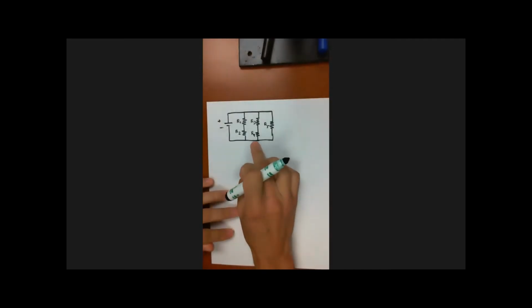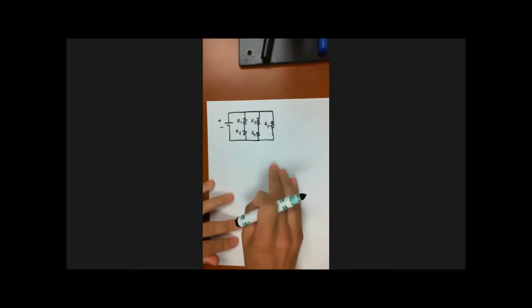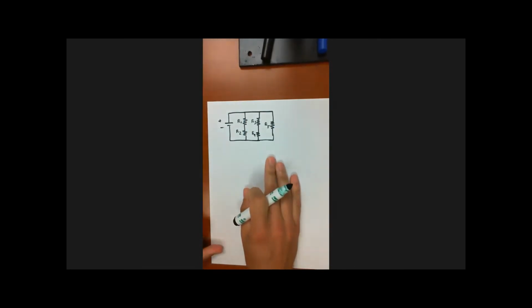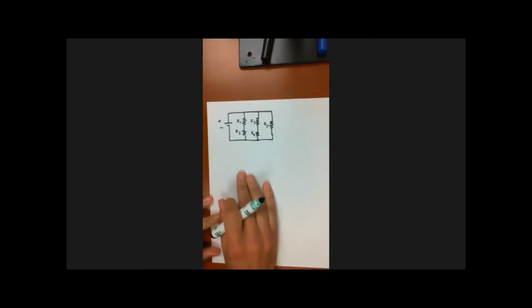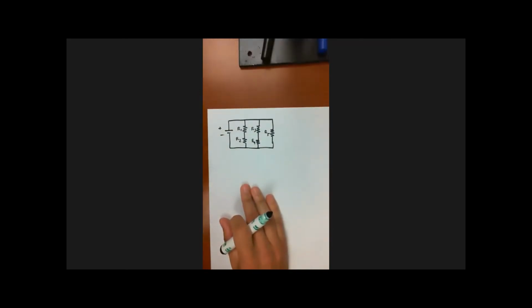I call this the method of R total, where you're going to combine all the resistances in series and parallel, and eventually you simplify it down to an R total. And once you have R total and V total, then you can find I total, and then you start working your way back out and finding everything else, right?